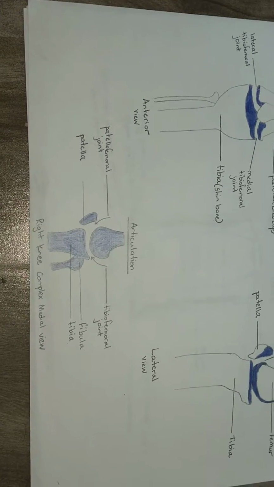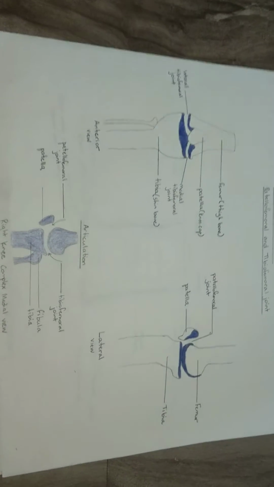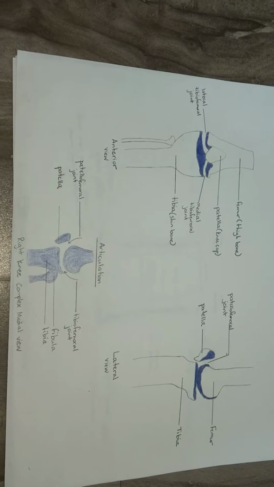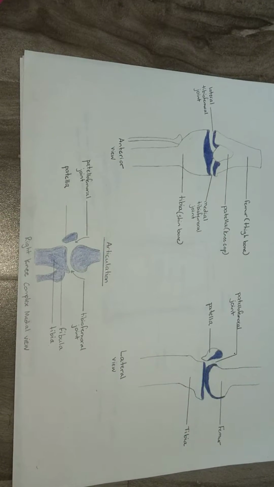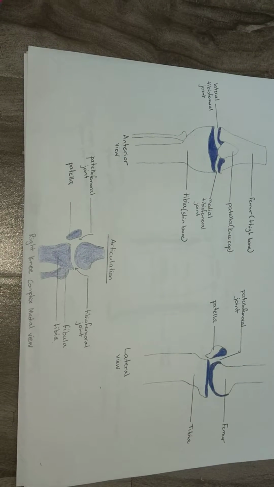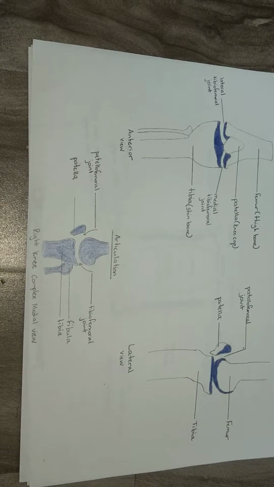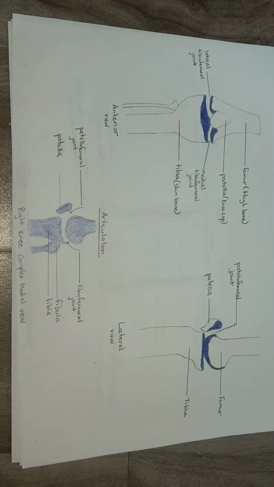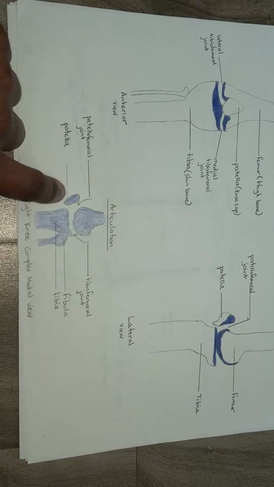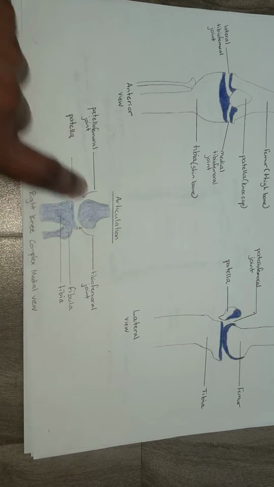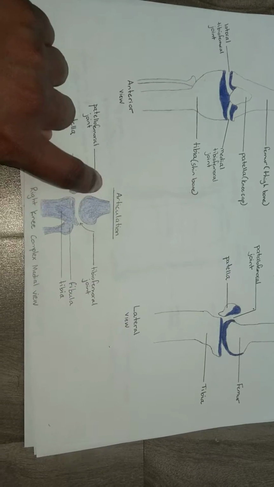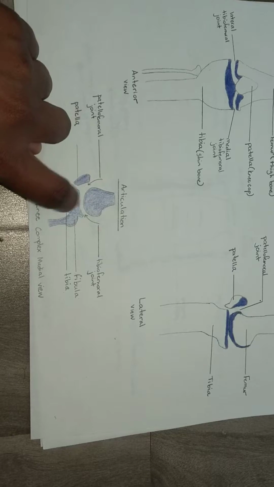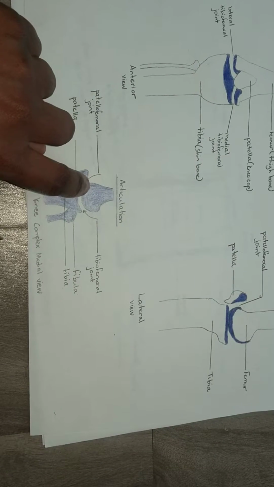So let's explain the articulation that happens in the knee joint. As I said before, there are only two articulations: the patellofemoral and the tibiofemoral joint. The first articulation takes place here, between the patella and the femur. The patella and the femur articulate, and that's where the patellofemoral joint is formed.